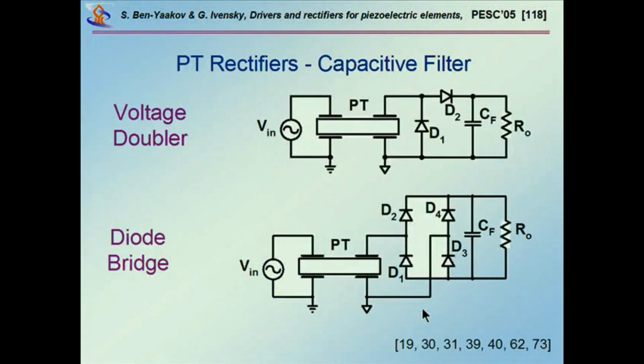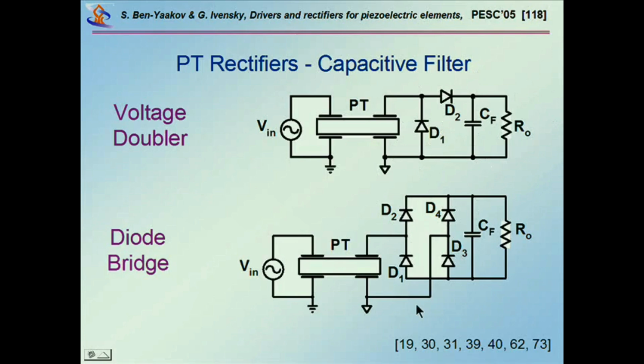Now, an analog solution would be a capacitive filter, and in this case you can certainly use a voltage doubler as shown here. In this case, obviously, there is no DC coming here because of the piezo; you have a positive current and a negative current, so this is balanced. You don't need an inductor, and you can use a voltage doubler.